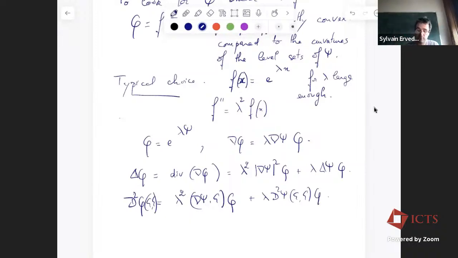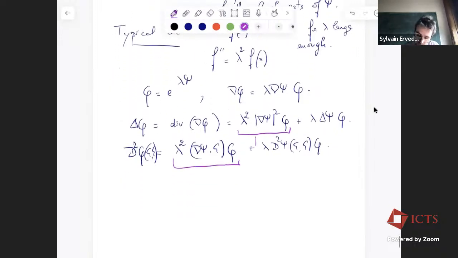And so here you see you have different orders of magnitude. Here you have lambda square, and of course these are the terms that will be dominant as lambda goes to infinity. Sorry, I think the square is missing here.